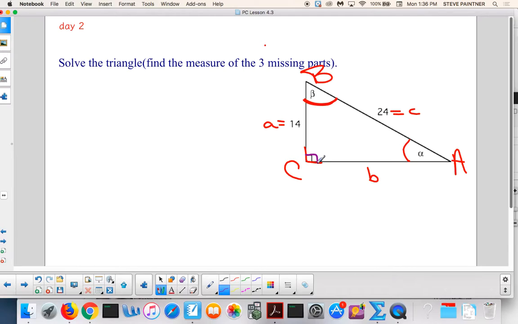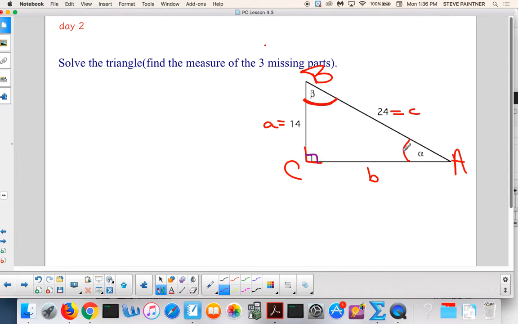If you use the sine to the negative 1, that's called inverse sine. If you do the sine of alpha, which is 14 over 24, then you do inverse sine of 14 divided by 24. So here's the deal. You have to do some work to get those angles. Right now, at this point, I can't figure out either one of these.